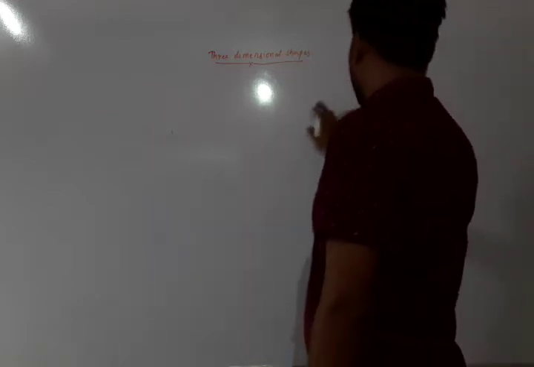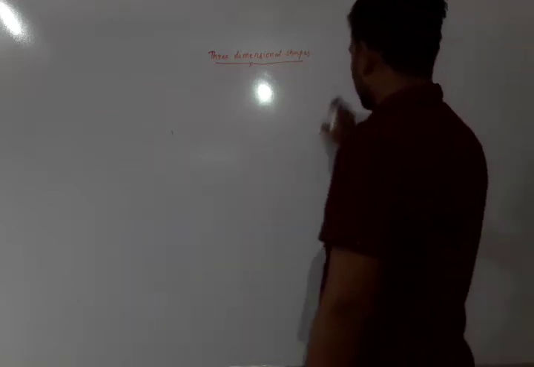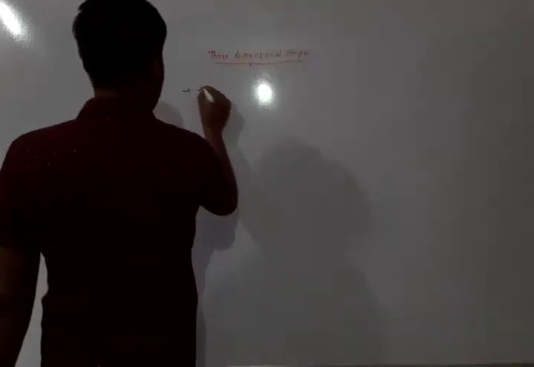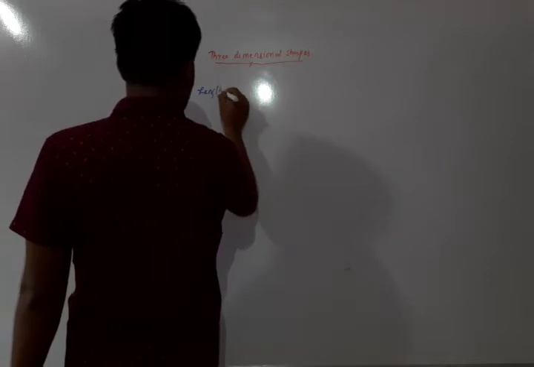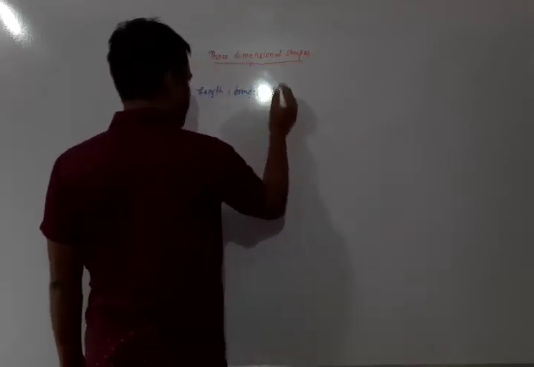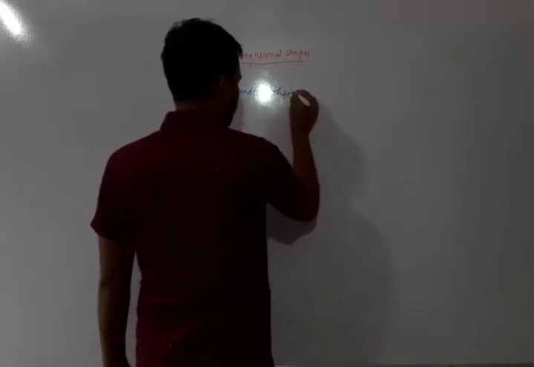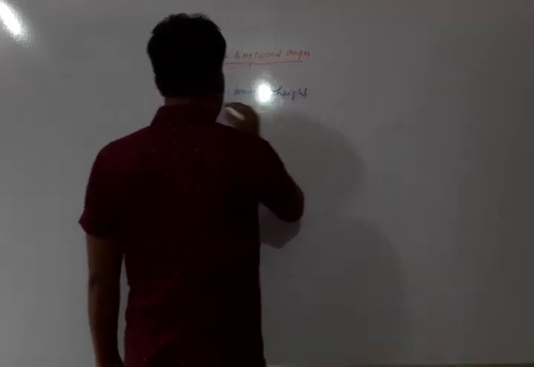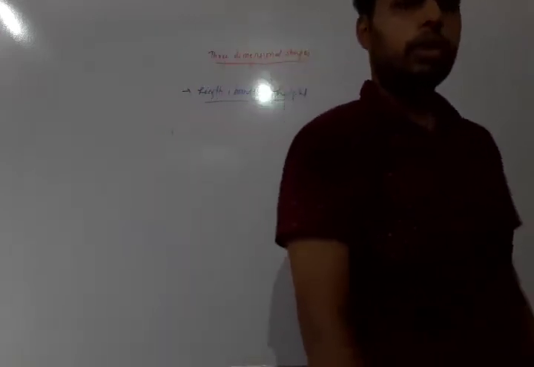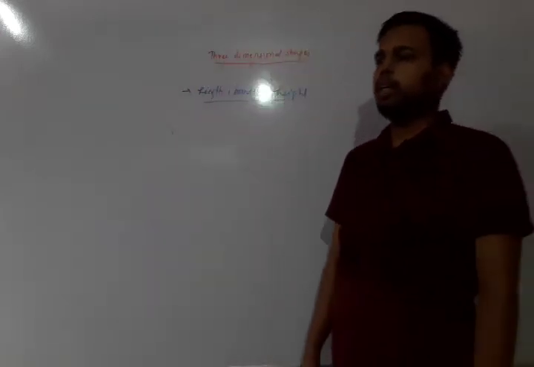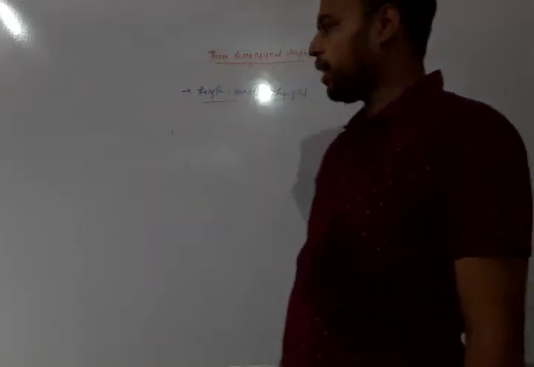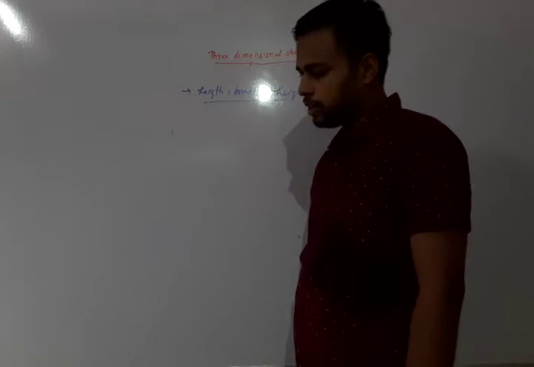Now in a three-dimensional figure there will be three dimensions, and the dimensions will be length, breadth, height, like this. Suppose you see a room of your house, a room having dimensions length, breadth and height.